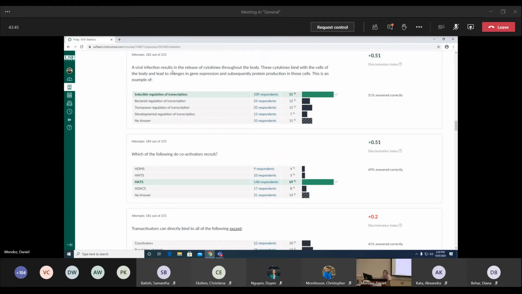A viral infection results in the release of cytokines throughout the body. These cytokines bind with the cells of the body and lead to changes in gene expression and subsequently protein production in those cells. This is an example of what? We only really talked about two of these answer choices: developmental regulation and inducible regulation. The other two we didn't talk about, so don't pick them, because he's not trying to trick you.